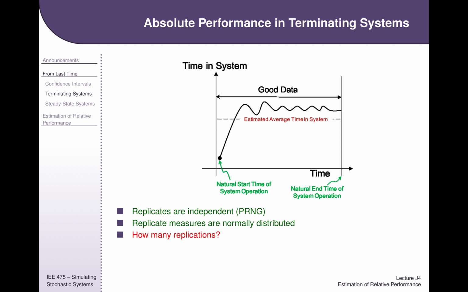But assuming that we do have independent replicates, now how do we get normally distributed? Well, normally the metrics that we take out of the simulation, like the mean waiting time, things like that. So if we have customers and this is the mean waiting time of a customer at the start of the system, they don't wait a lot at the start of the system, but then the next customer waits a little longer and the next customer waits a little longer.